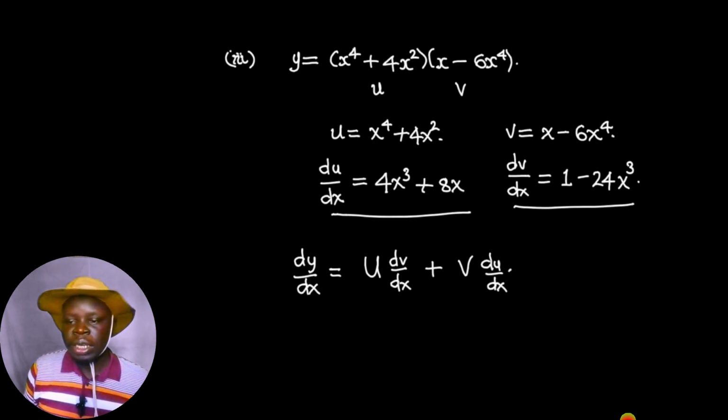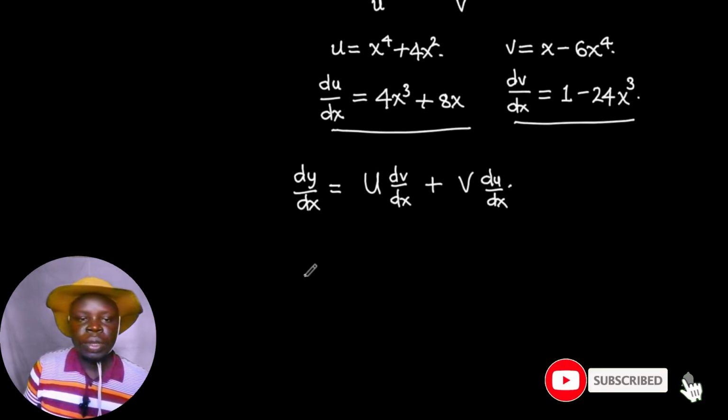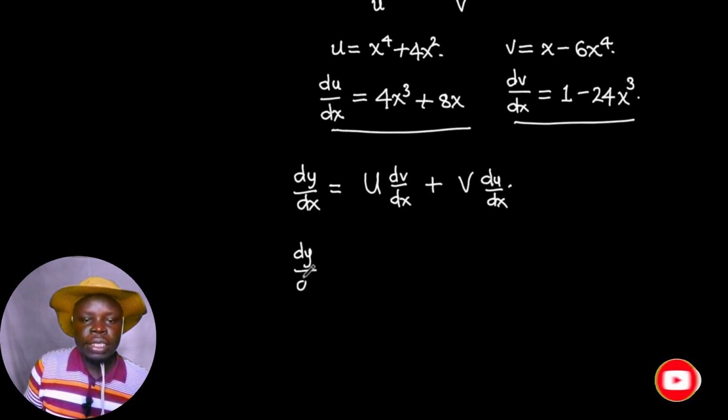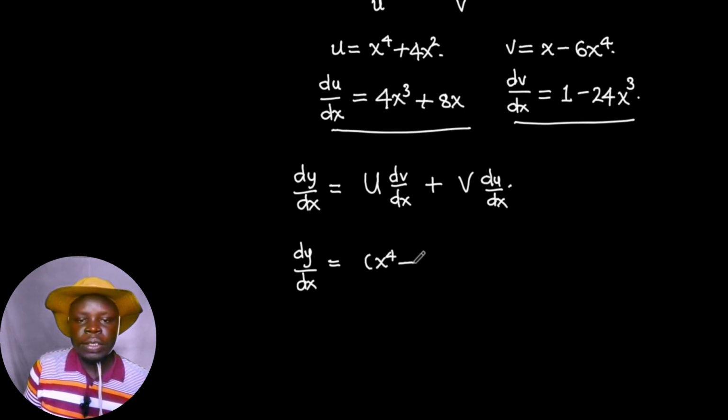So putting in the substitution, we will have our dy by dx, where the value for u is x plus 4x squared, and dv by dx is this function here, and that is 1 minus 24x cubed. And that is the first part here.